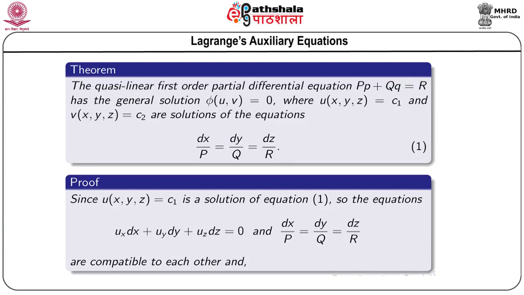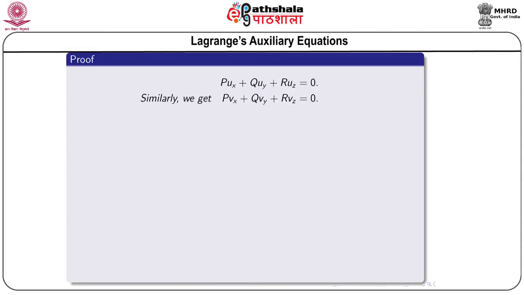Now, from the earlier slide, since dx, dy, dz are proportional to P, Q, R, from this equation we can replace dx, dy, dz by P, Q, R and we obtain the relation Pux plus Quy plus Ruz equals 0.